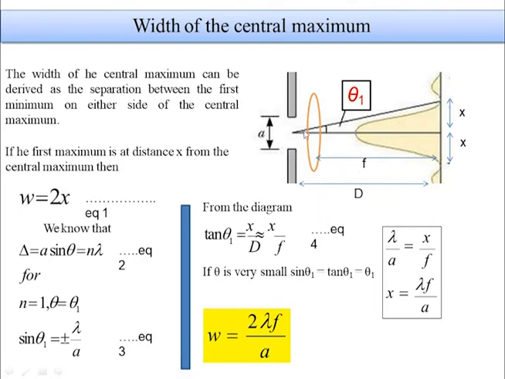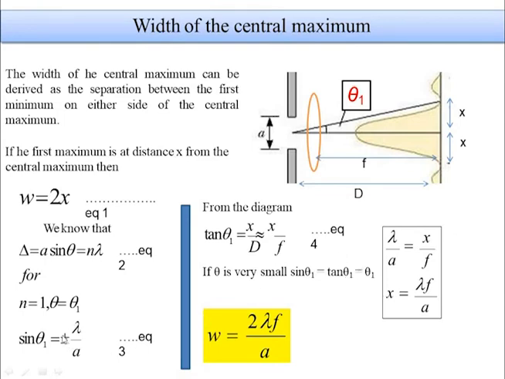And what you'll get? Tan theta is opposite by adjacent, that is x by d. And since this lens is kept very close to the slit, d can be approximated as f. So theta is very small, meaning sine theta 1 is approximated as tan theta 1, which is approximated as theta 1.